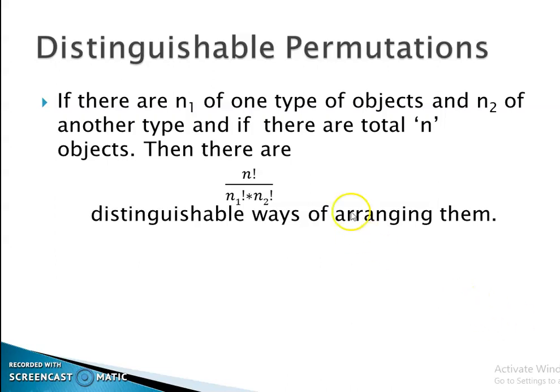If there are n1 of one type of object and n2 of another type, and if there are n objects in total, then there are n factorial over n1 factorial times n2 factorial distinguishable ways of arranging them.